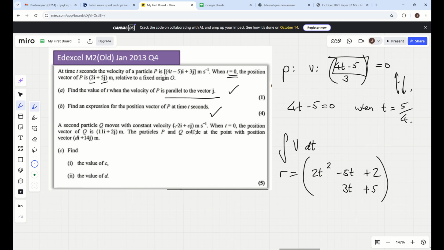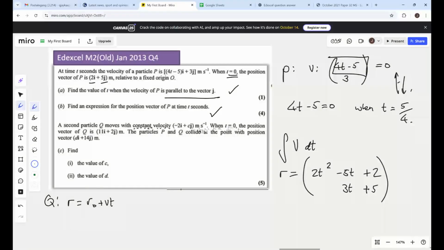So second particle is another particle. And this has a constant velocity. Okay, so this is a throwback, isn't it, to the start of the chapter. So when we had a constant velocity, what we often used is we used this one here, we said where it is equals where it started plus where it's going, that sort of idea. I wonder if we want to use this one here.